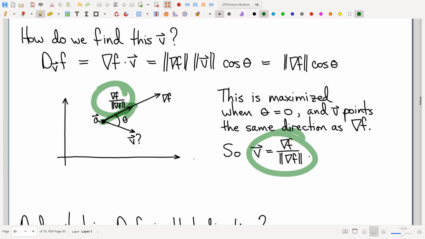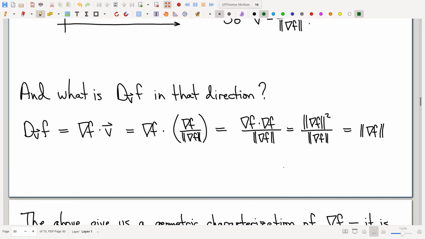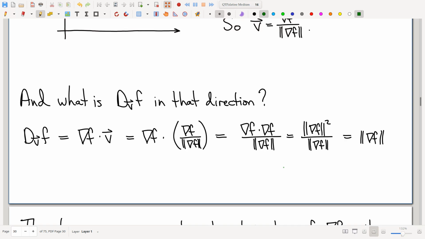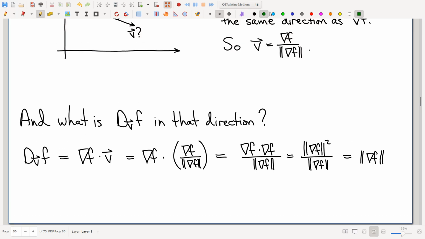Okay. All right. Now, next natural question. Cool. So, okay, great. I'm going to go in the direction of the gradient. Nice. I want to make f increase as fast as possible. I'm interested in, therefore, how fast is it increasing as I go in this optimal direction? Again, very reasonable question. We know which way we're going to go.